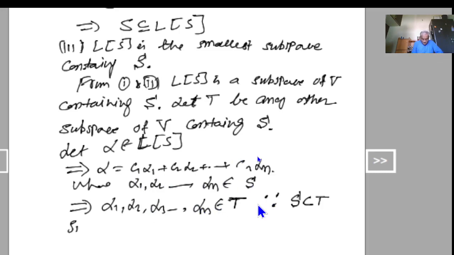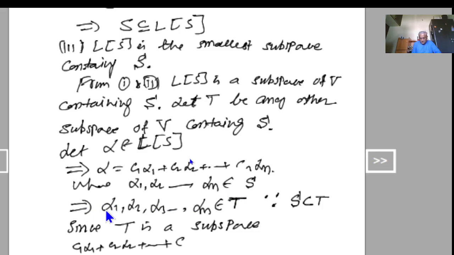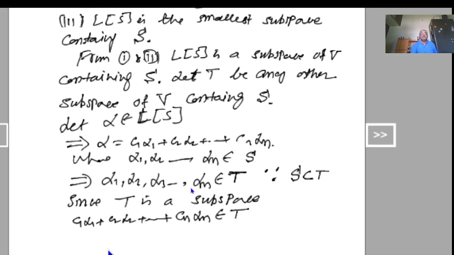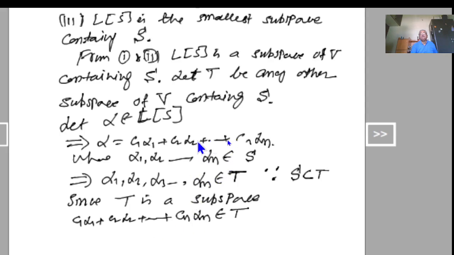Now since T is a subspace, any linear combination of the elements in T must be in T. That is, C1 alpha 1 is in T, C1 alpha 1 plus C2 alpha 2 is also in T, C1 alpha 1 plus C2 alpha 2 plus C3 alpha 3 is also in T, or in general, C1 alpha 1 plus C2 alpha 2 up to Cn alpha n must also belong to T. And this is nothing but our alpha.